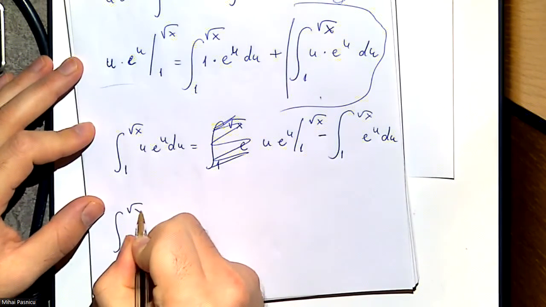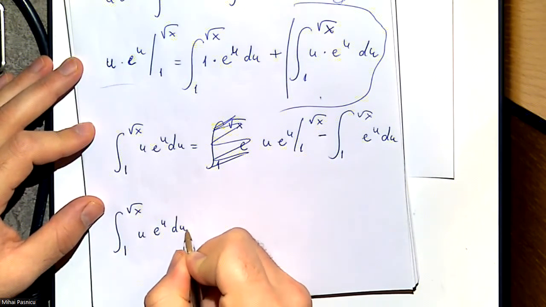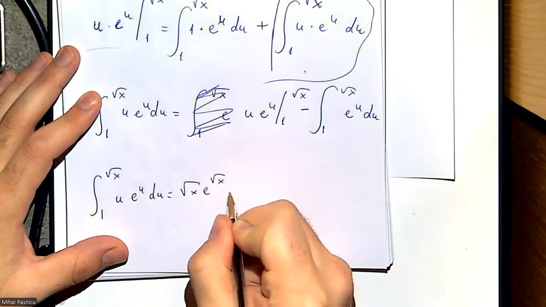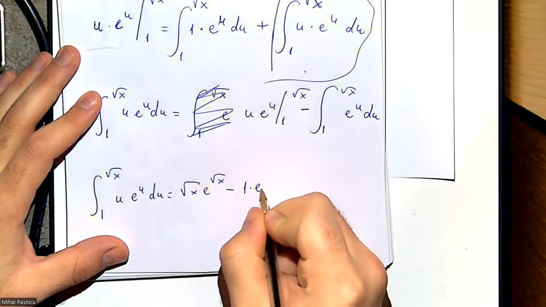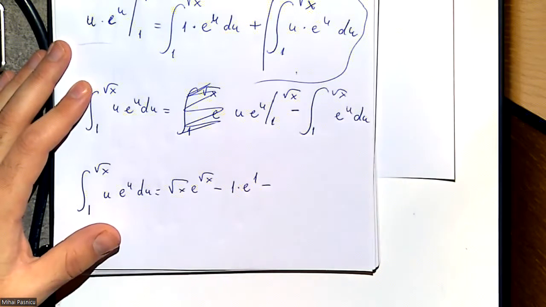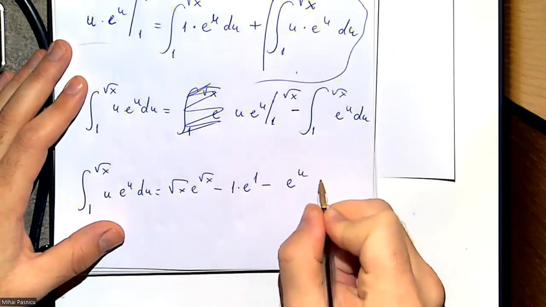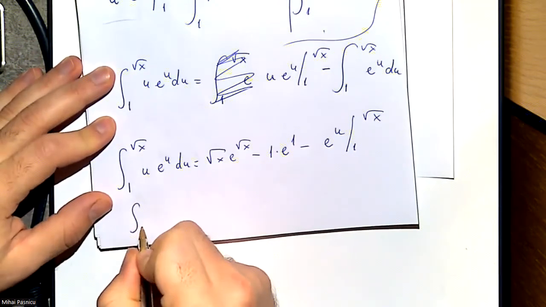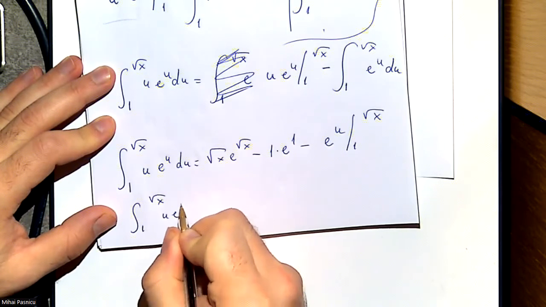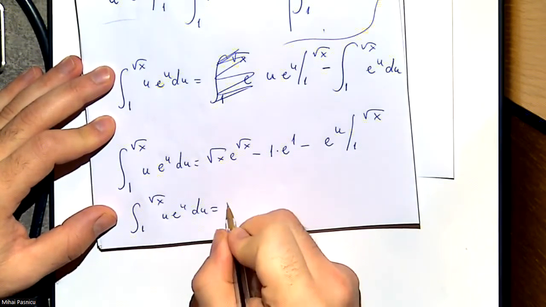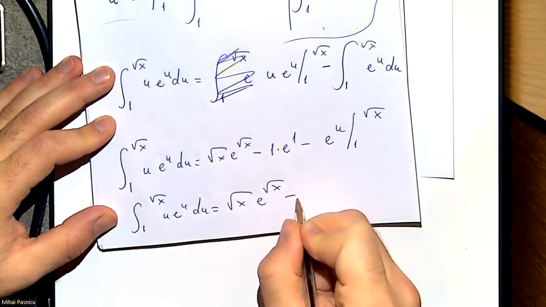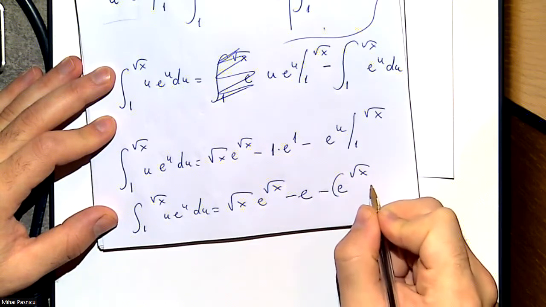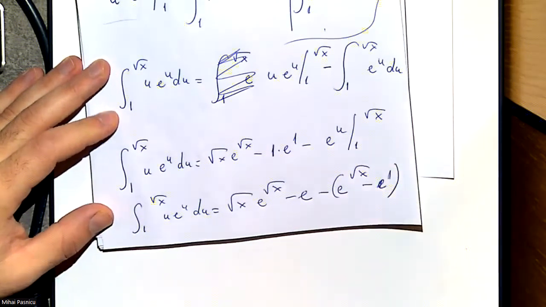So the integral of u e^u du is equal to, plugging in the numbers, square root of x times e^(square root of x), minus 1 times e^1, minus this integral, which is just e^u from 1 to square root of x. So this is equal to square root of x e^(square root of x) minus e, minus parentheses e^(square root of x) minus e^1.